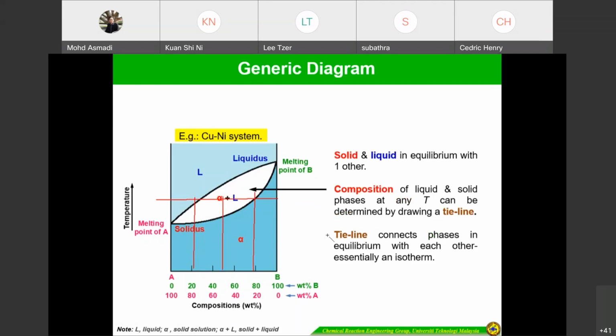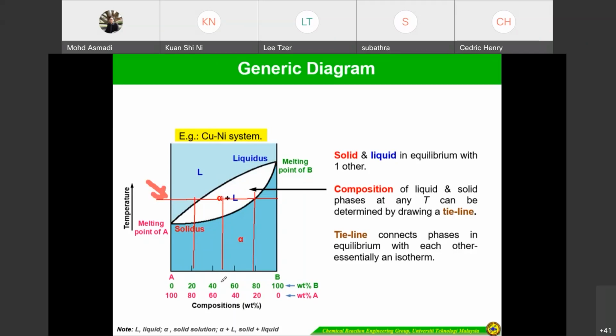A tie line connects phases in equilibrium with each other, essentially an isotherm. This one is an isotherm, because it is along one temperature, but we can know the different compositions. If we know the initial concentration, then we can know the composition.